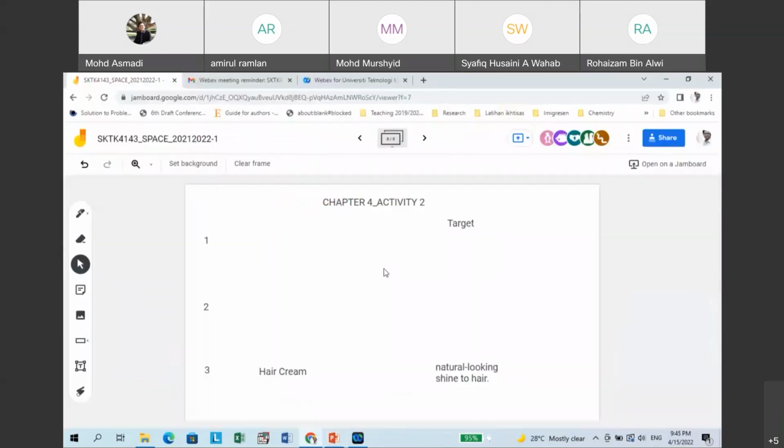For hair cream, the target should be natural looking shine to hair. This is difficult. Natural looking shine to hair. How do we convert it to quantitative? Natural shining, what is usually used for shining? Oil.